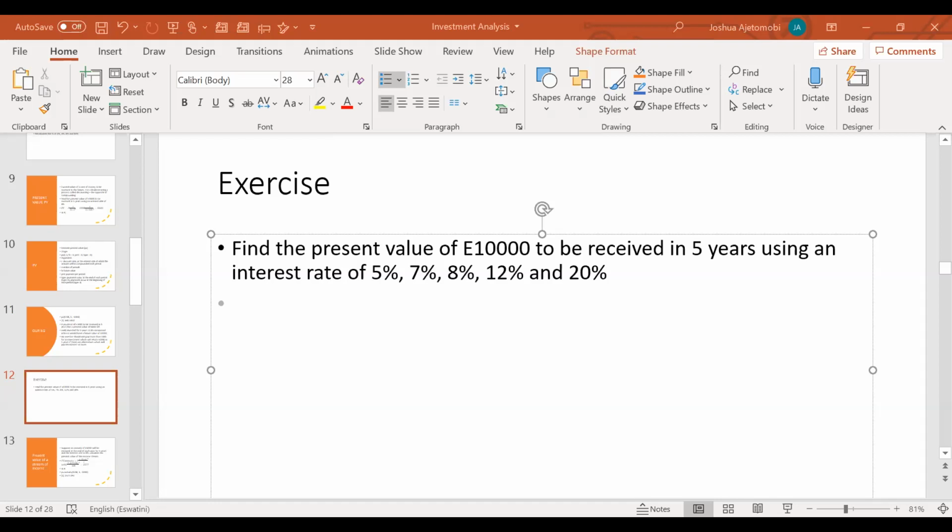Beautiful. 12%: 5674.27. Yeah, great. Then 20%: 4018.78. A clap for you. That's great. You all got it. Same. Yeah, that's great.